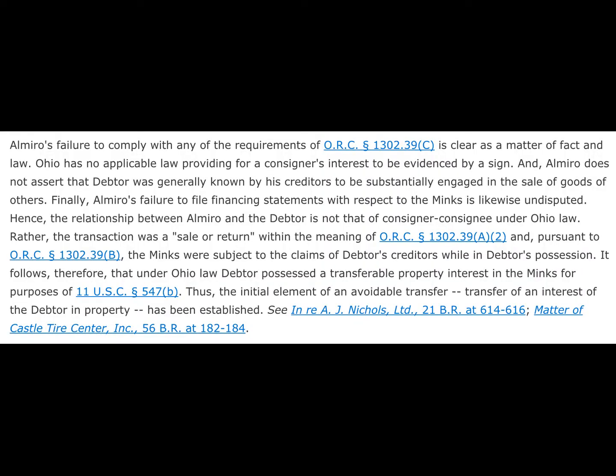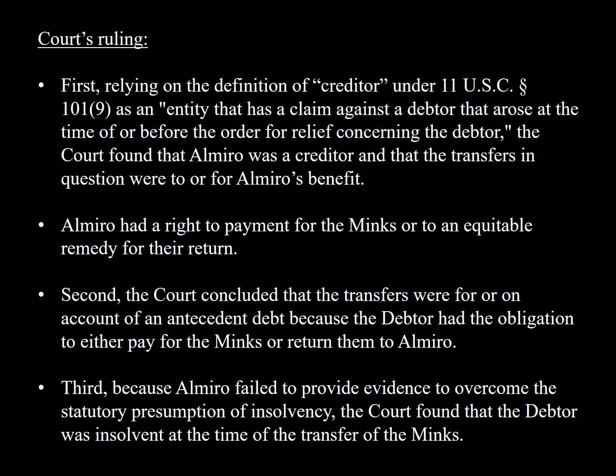Unfortunately, Almiro didn't follow the procedure. They just did things on a handshake, which I'm sure is a tradition. But tradition notwithstanding, the court ruled against the defendant. The court went into a very elaborate opinion on the definition of a creditor, someone that has a claim, and here there's no doubt there was a claim, because the defendant didn't get the coats back and would have had a claim against the debtor.